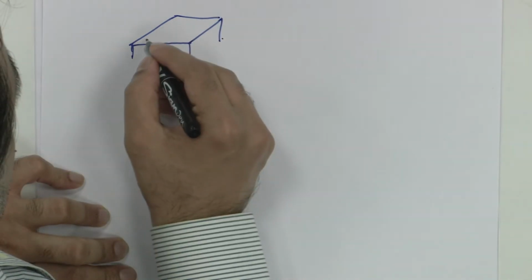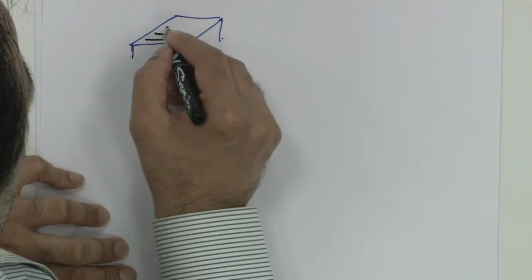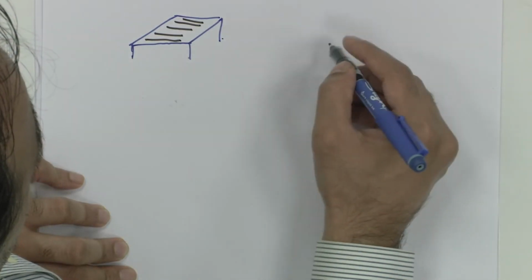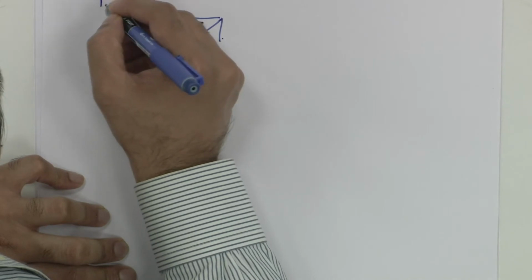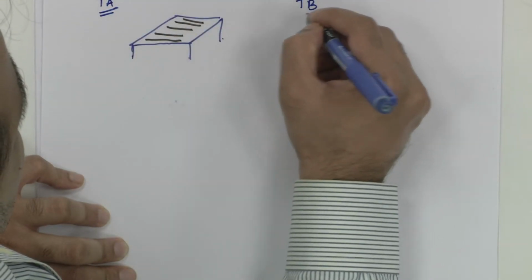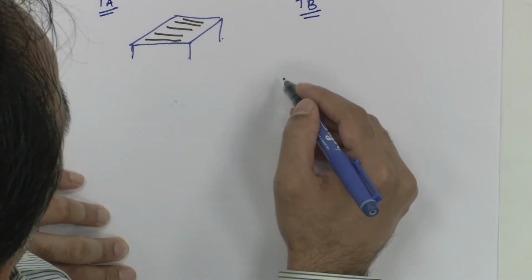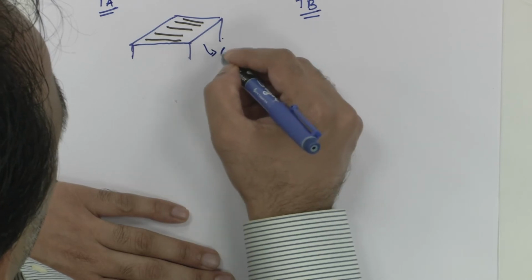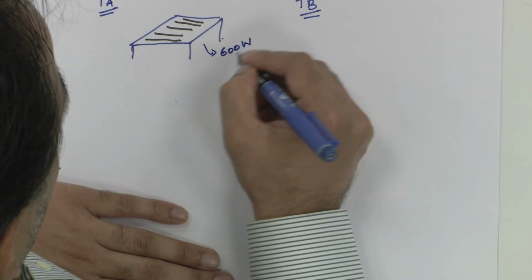So, this is a silicon device and there are microchannels. This is team A, let us call it team A. Another team B says no, spreading resistance is important for this case because this silicon is dissipating 600 watts.